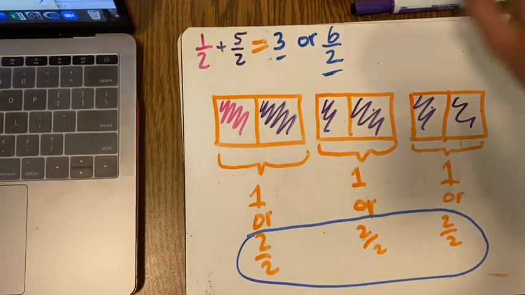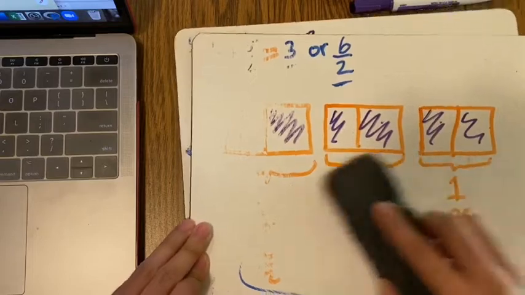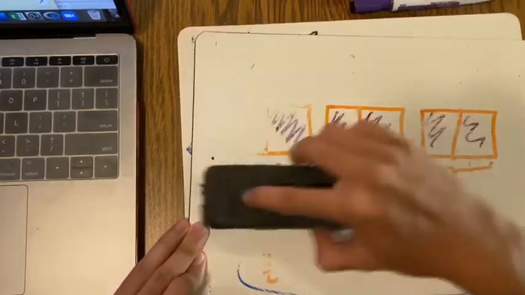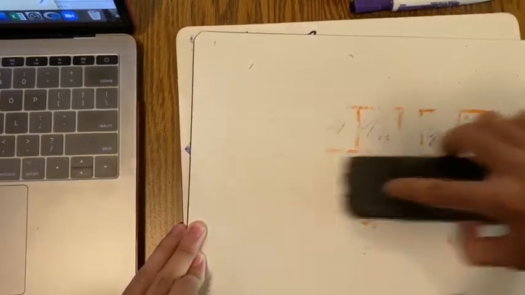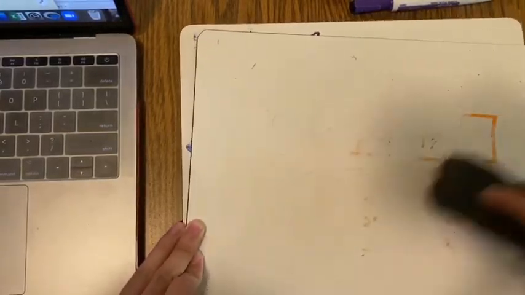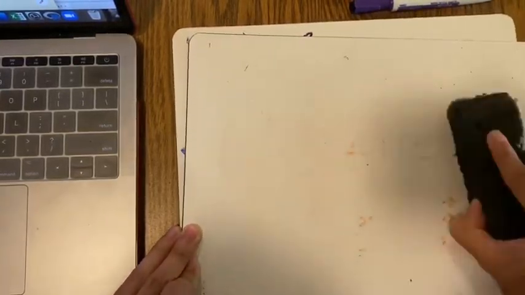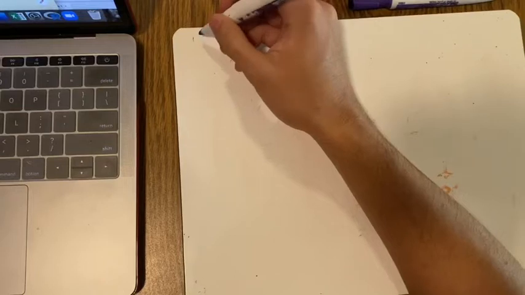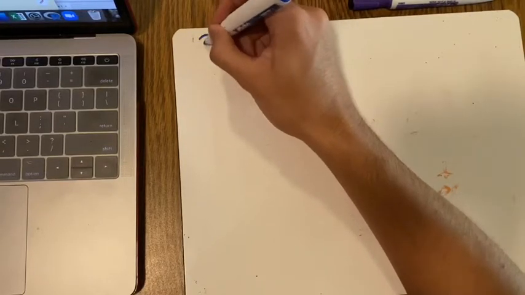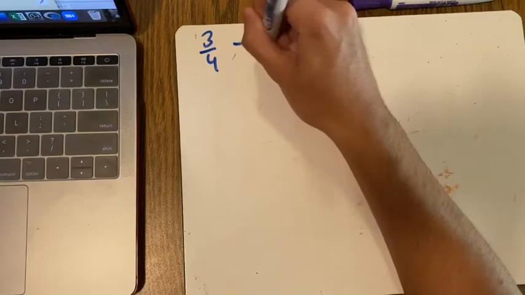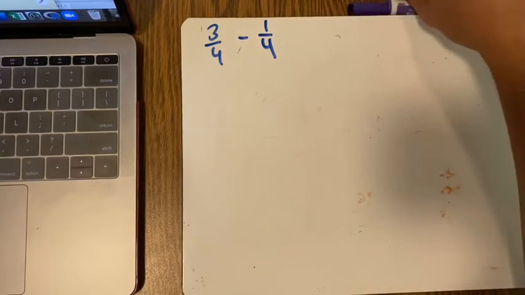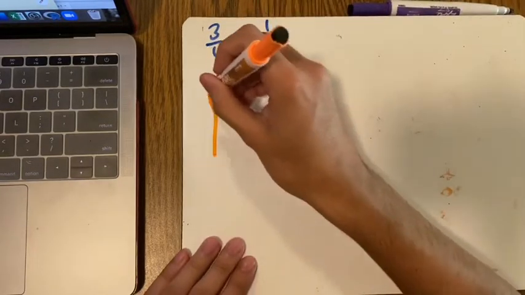Now, let's go ahead and try out a subtraction problem. All right, let's say that I had 3/4 minus 1/4. All right, I draw a box.